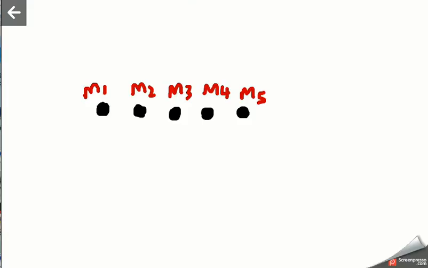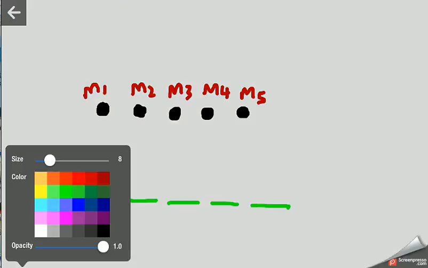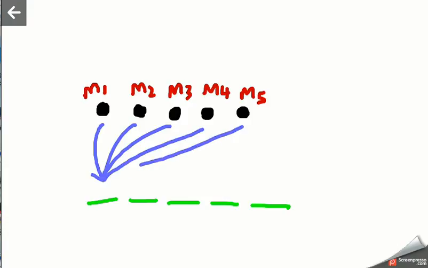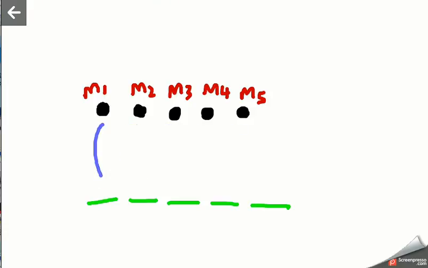Let's suppose that we've got 5 spaces to fill: 1, 2, 3, 4, 5. Let's fill the first space. We can fill it with marble 1, or marble 2, or marble 3, or marble 4, or marble 5.